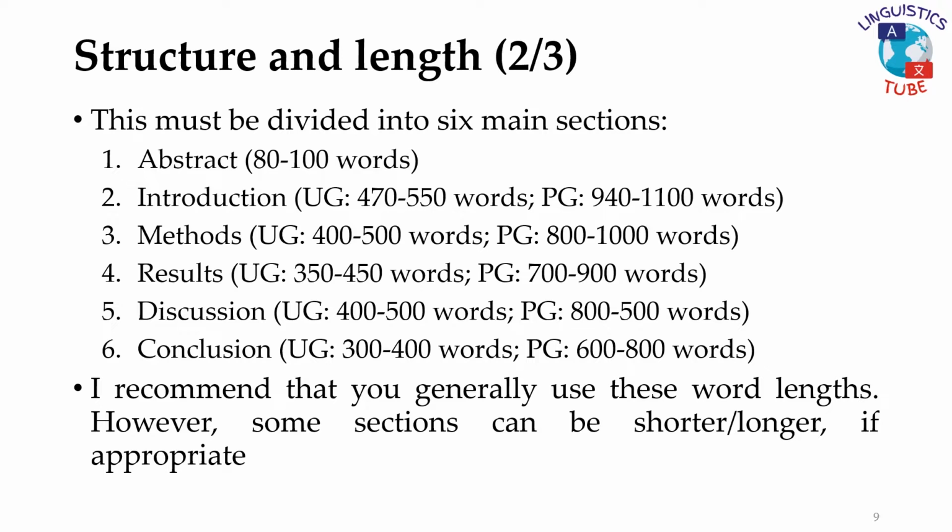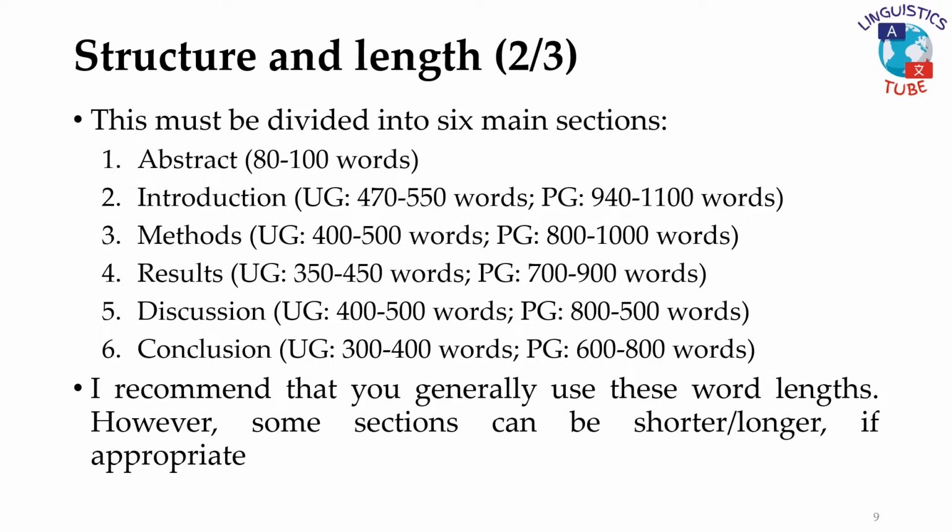Next is the introduction of your academic article, which I recommend, for an undergraduate academic article, is between 470 and 550 words. After that is the method section, which is slightly shorter at 400 to 500 words. Next, you discuss your results, in only 350 to 450 words for an undergraduate academic article.